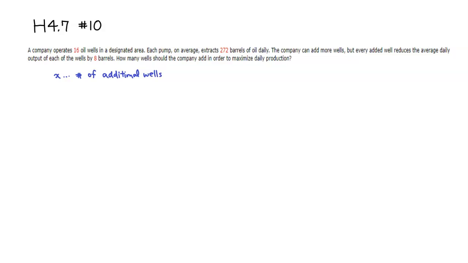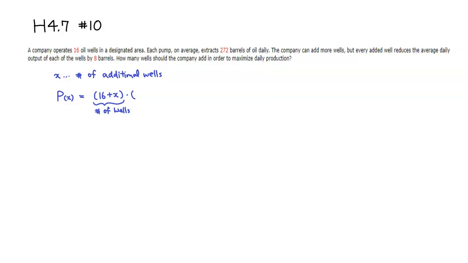So production P of X is equal to, since we added X additional wells, starting with 16 to begin with and then X additional wells, this is the total number of wells. Then multiply by average production.